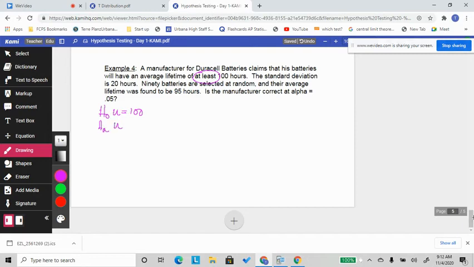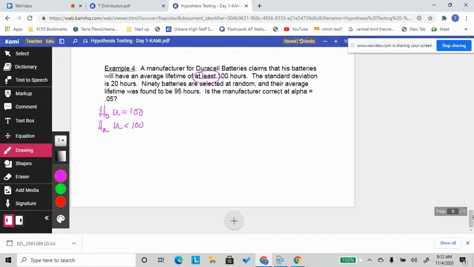Okay. Duracell is saying that their batteries last at least 100 hours. So you think it's going to be a greater than. But if you're a researcher testing against them, you're not going to agree with them. You're going to be like, hey, I really think that it lasts not 100 hours. They're saying at least, so be careful with this: less than.